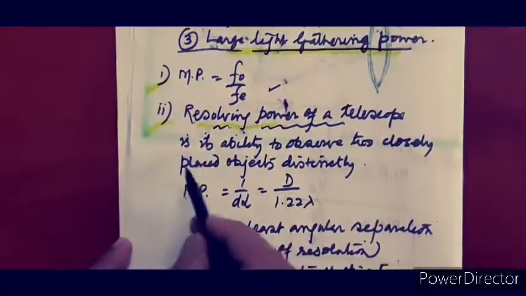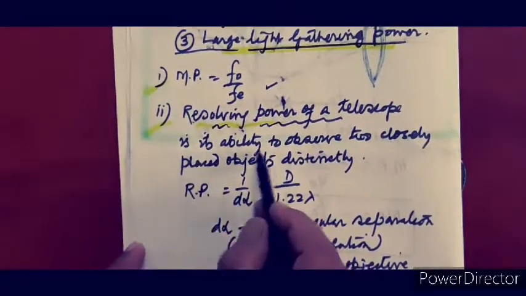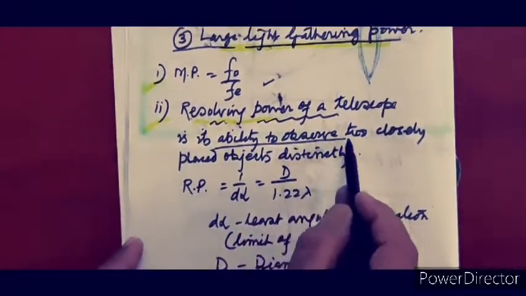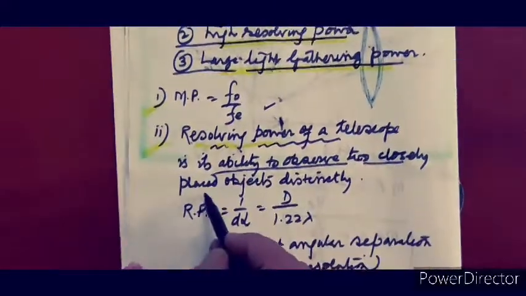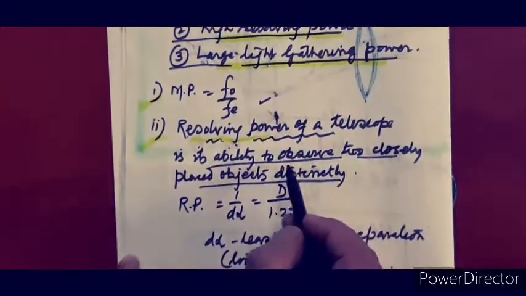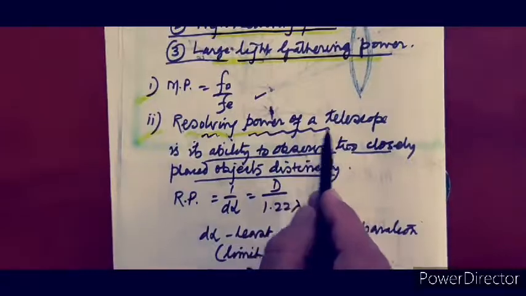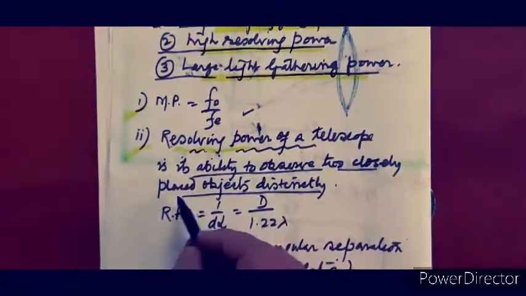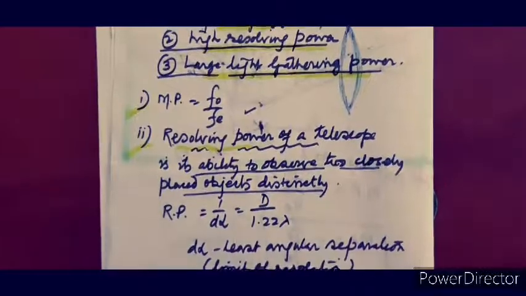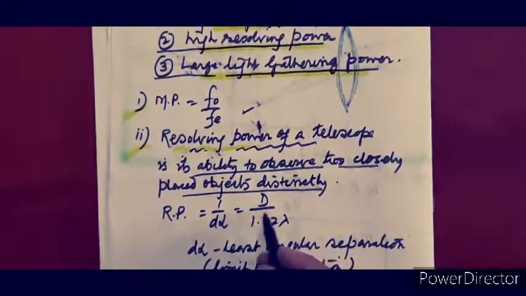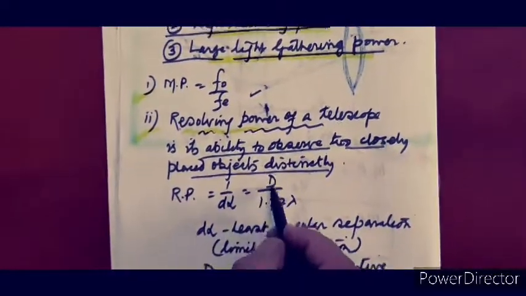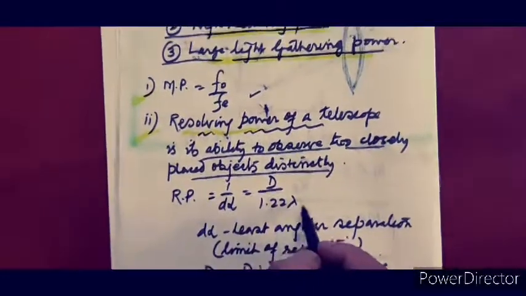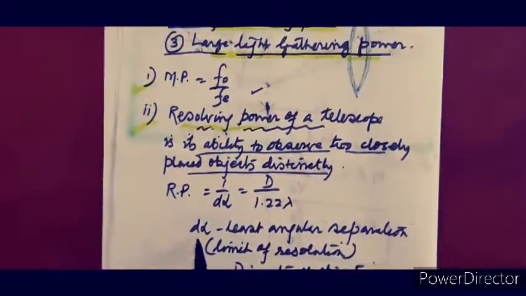Resolving power of the telescope means its ability to observe two closely placed objects distinctly. Its formula is 1 by d alpha is equal to D by 1.22 lambda. What is d alpha?